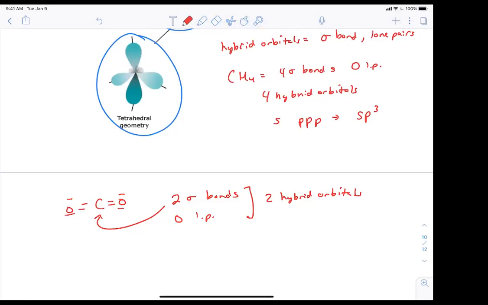If you need 2 hybrid orbitals, that means you'll need an s orbital and 1 p orbital, so the hybridization is sp1. Really, it's just a matter of figuring out, A, how many hybrid orbitals you have, and then B, translating that into how many atomic orbitals you need to use. You start with the s and keep adding on p's until you get to the right number of hybrid orbitals.